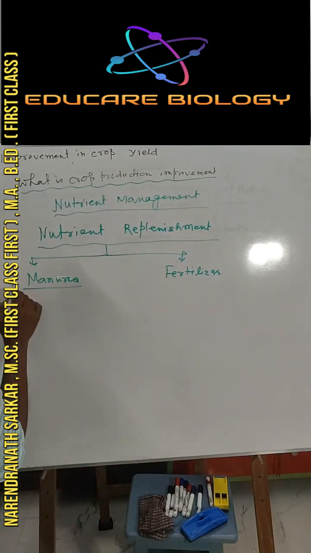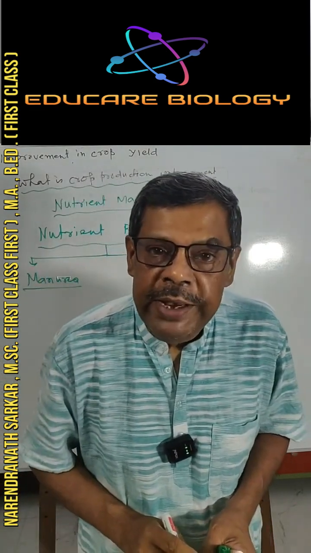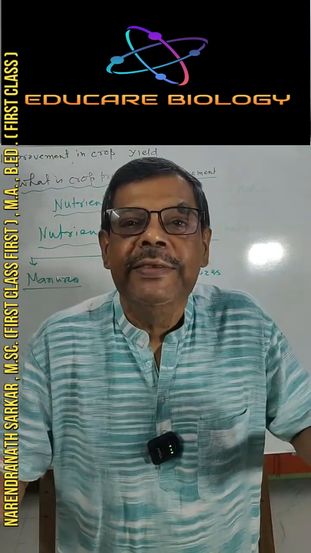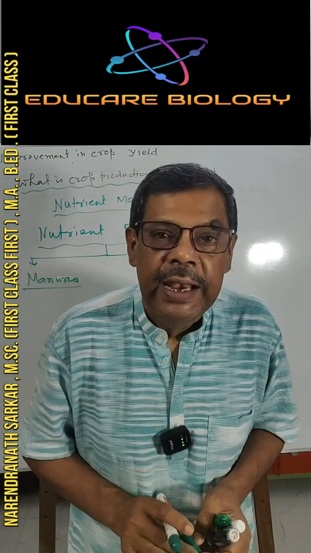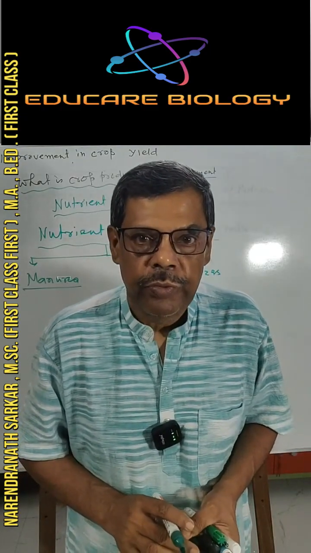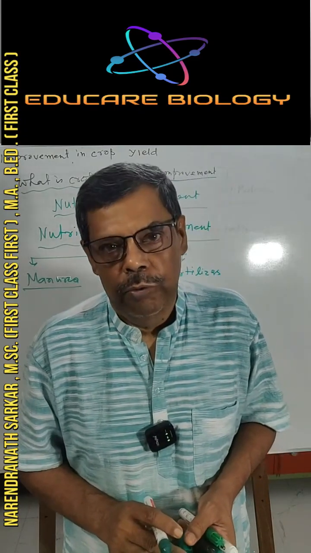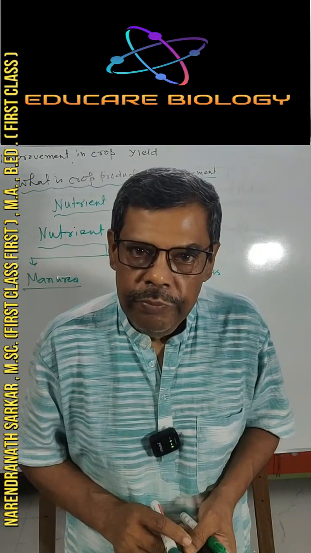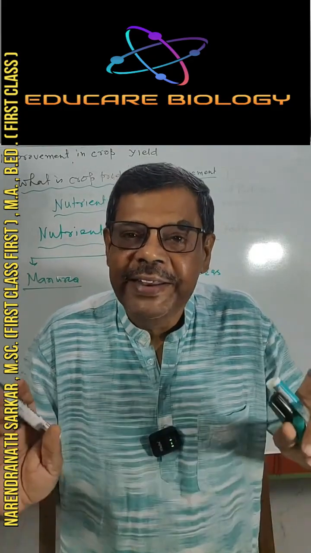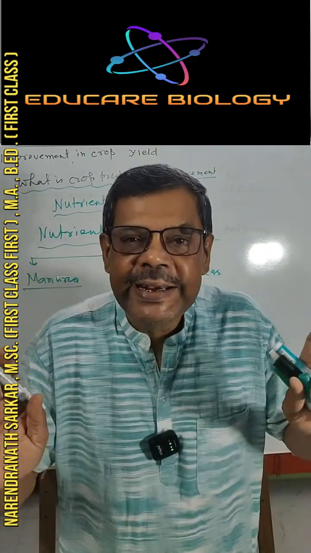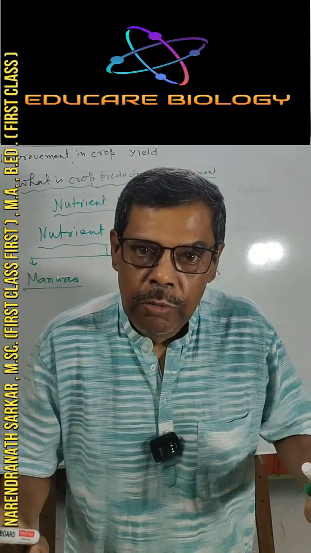First, what is manure? Manure may be defined as the semi-decomposed organic matter which is found from animal excreta, plant residues, different types of garbages and wastes.